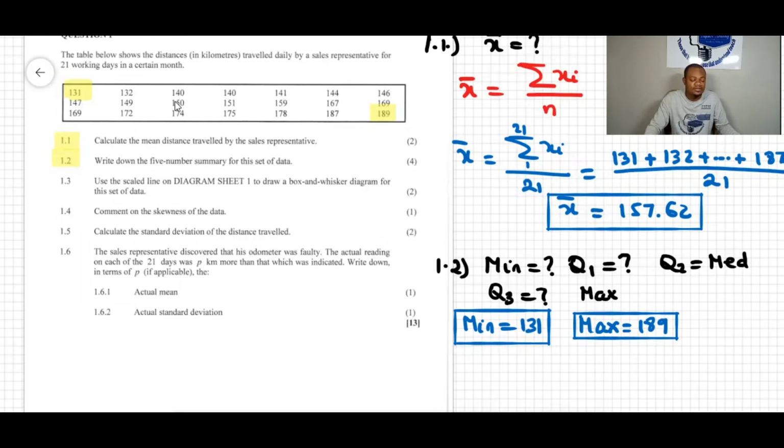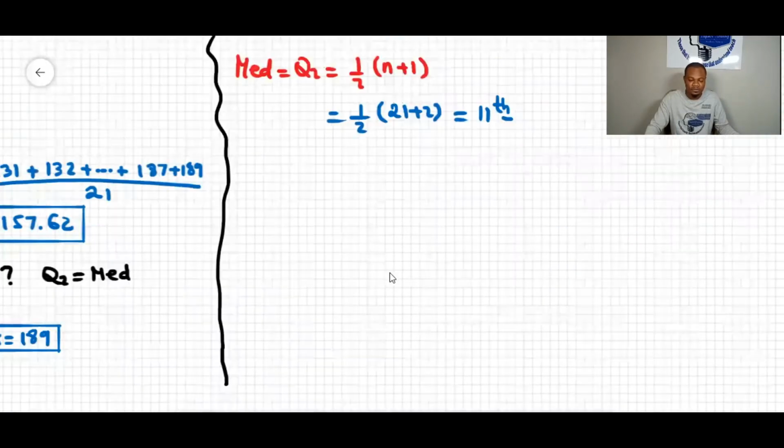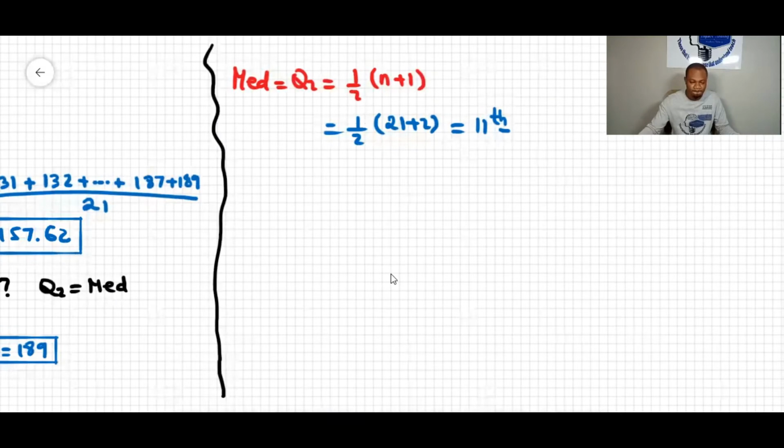So the 10th here is 10 and then 11. So the 11th value, which is the middle value, is 151, as you can see. So I can say, therefore, the median, which is the same thing as the second quartile, is 151. So this is the median.